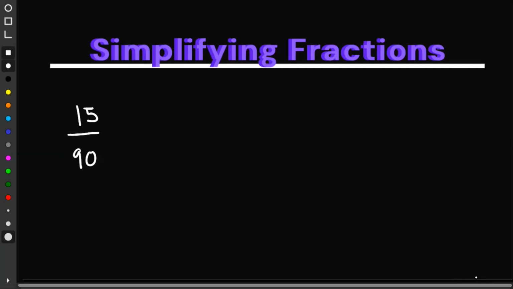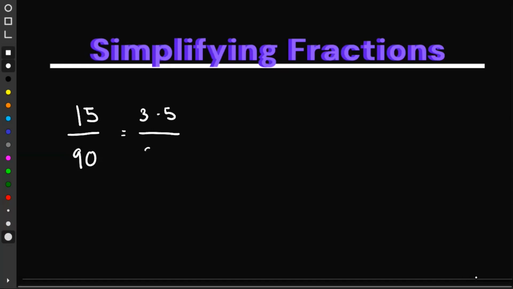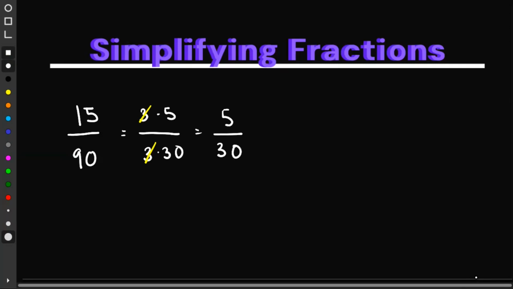So for this example, the first thing that I can see is that these numbers are actually divisible by 3, since 15 is actually 3 times 5, and 90 is actually 3 times 30. So I can cancel 3 out here, and that would give me 5/30.